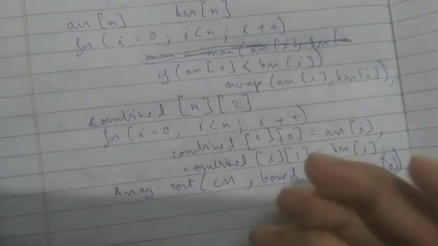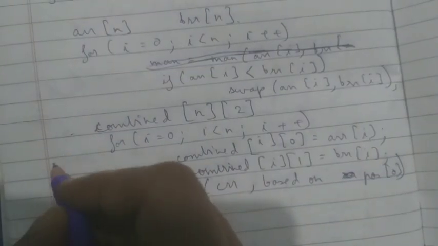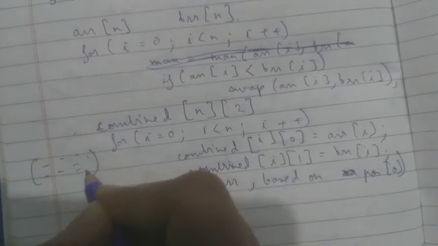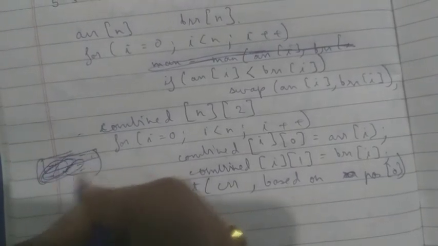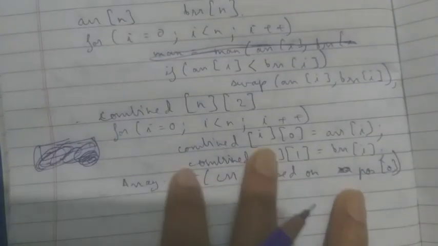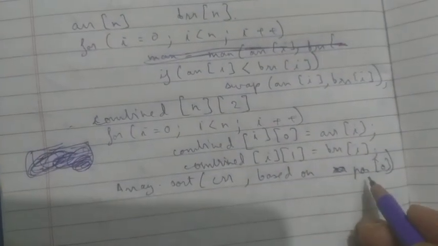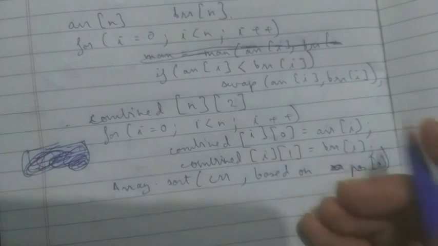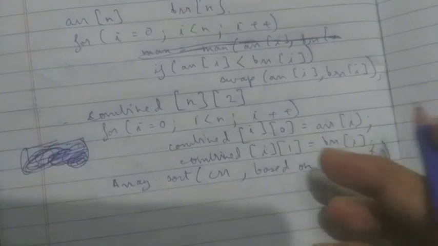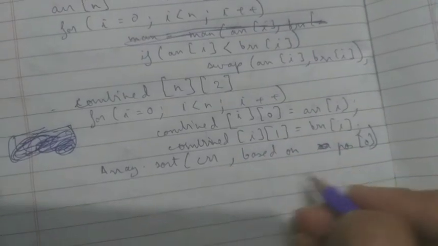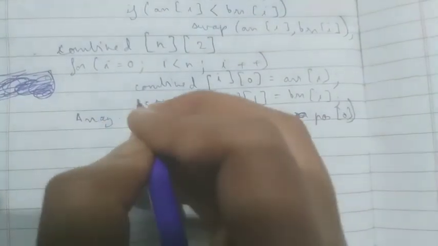It looks something like this. So whatever it looks like, we are going to sort it on the basis of the first element, that is on the basis of ARR. Okay, so once we are done with this, we have sorted it.